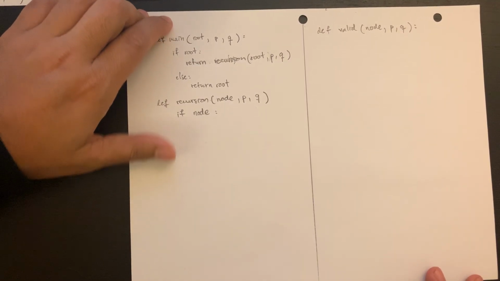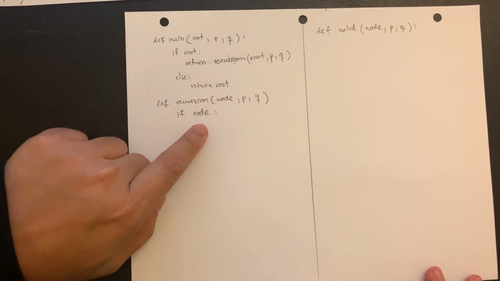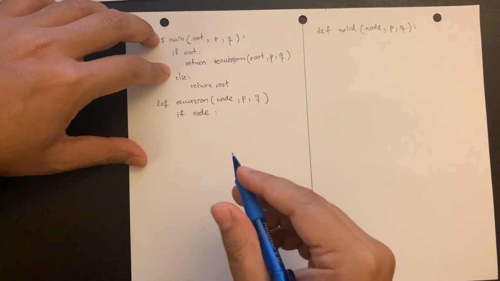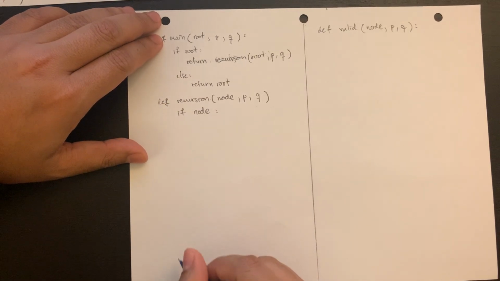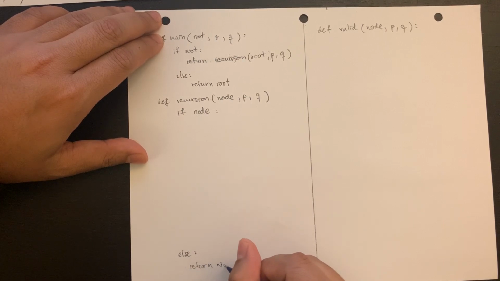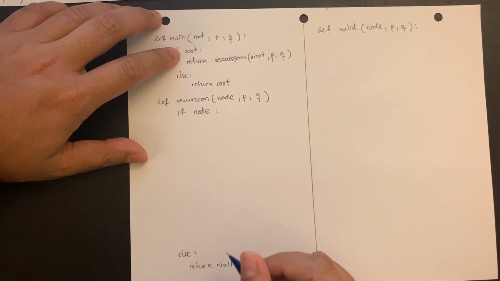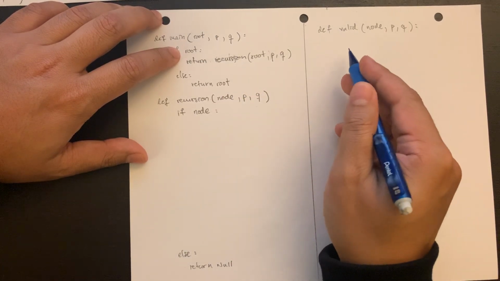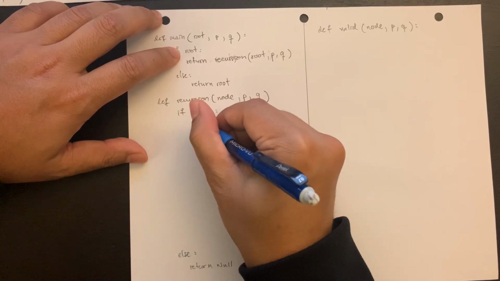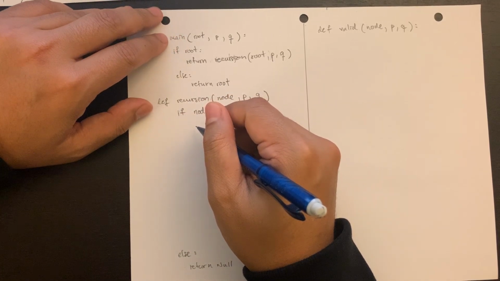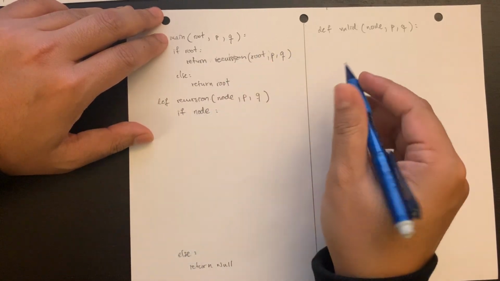So if nodes, in the case that it's not a node, I just want to return null.